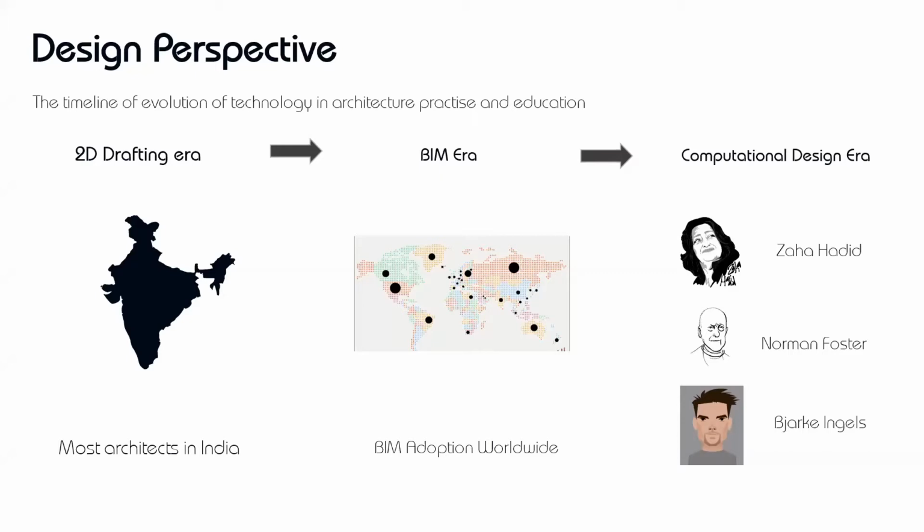Global leaders like Zaha Hadid, Norman Foster, Bjarke Ingels are actually in that first stage of the technology adoption lifecycle, where they are developing and using computational techniques not only for designing or drafting but also for visualization and fabrication. But in India, most of the architects and students are in the 2D drafting era, where they are using computers only for drafting but not for designing.